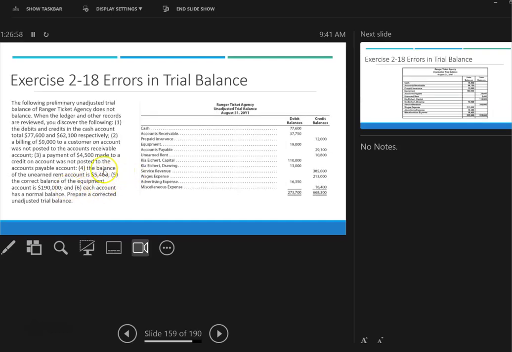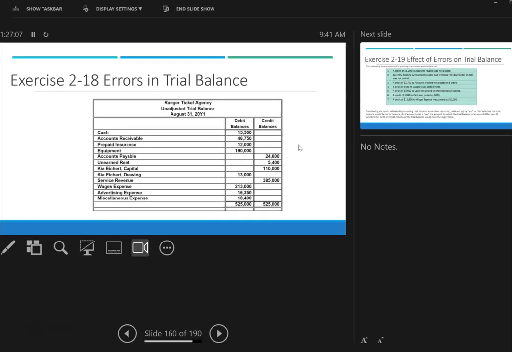The correct balance of the equipment account is $190,000. Our equipment account says what? So if we fix that, ultimately we balance. Do you see our debits equal our credits?